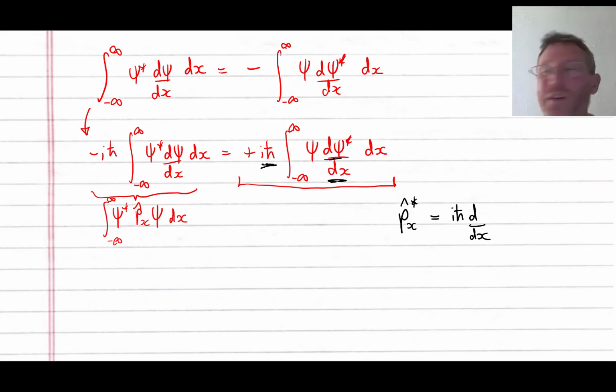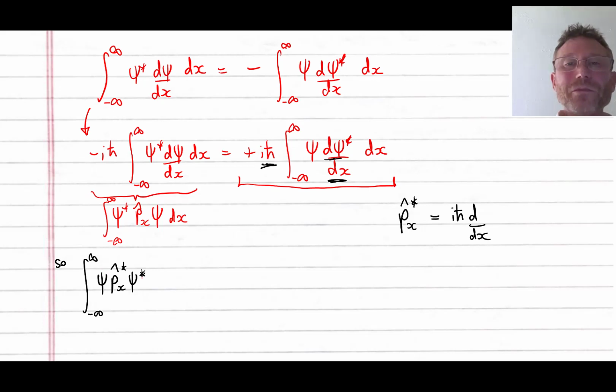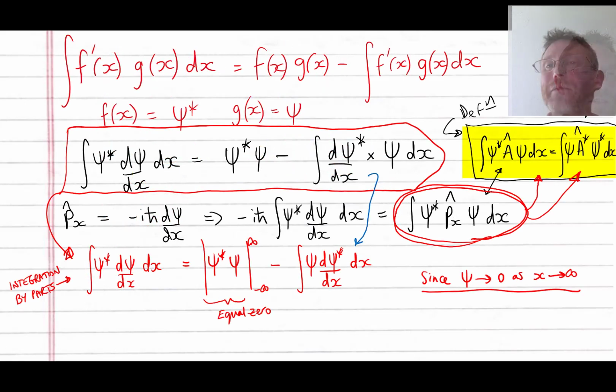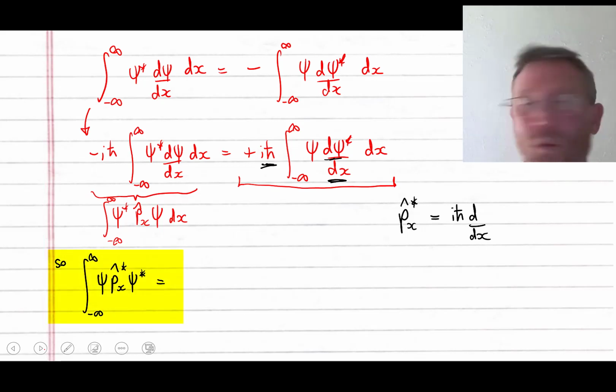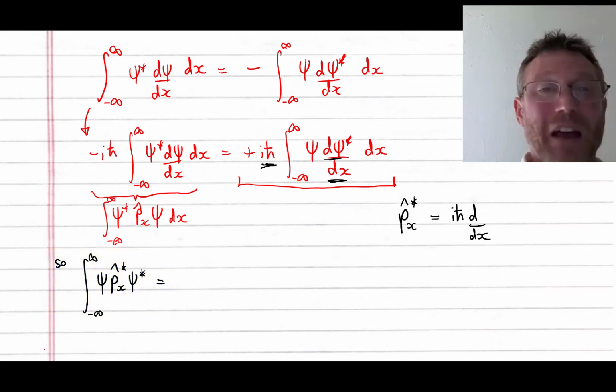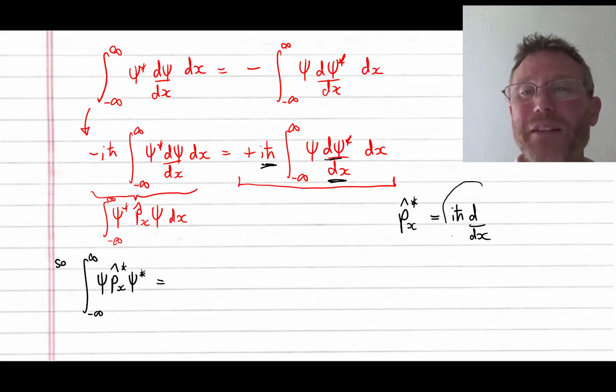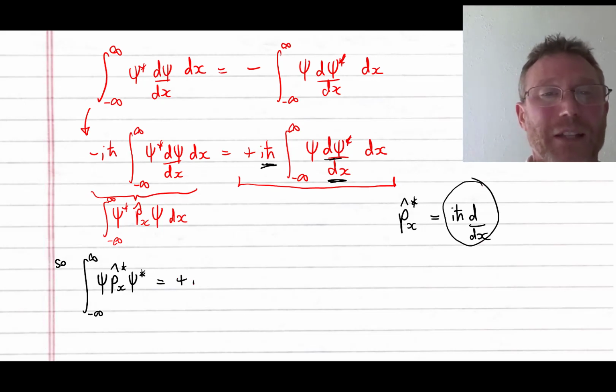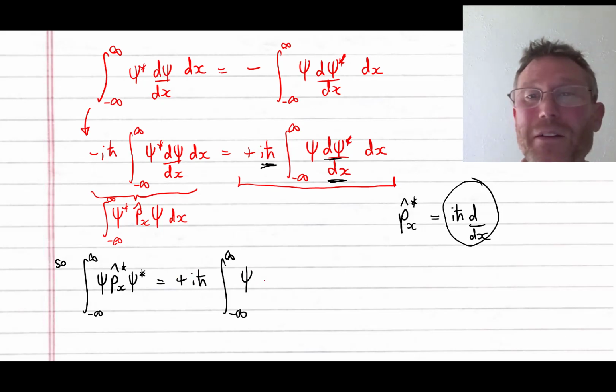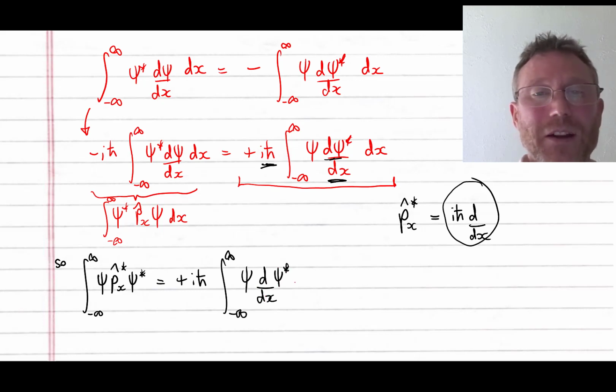Let me just clarify everything, and this is the final statement here. What have I shown you? This is where we started. This is our term from the right-hand side of our definition of a Hermitian operator. Mathematically, we plug in this operator, so it ends up being plus i h bar, the integral of psi d by dx operating on psi star dx.